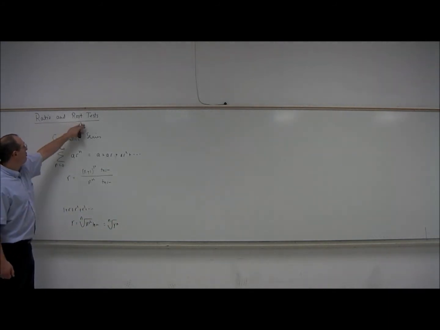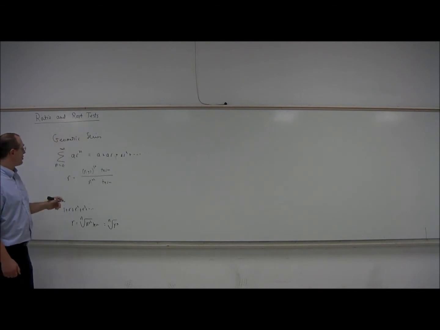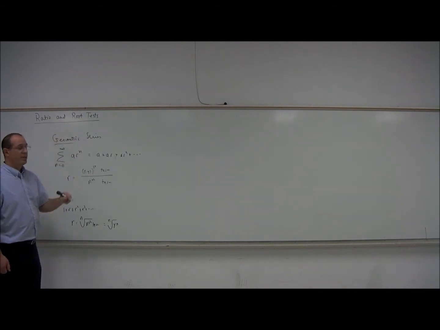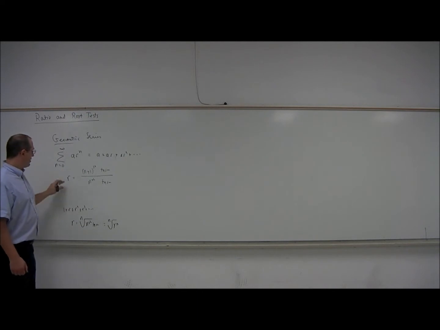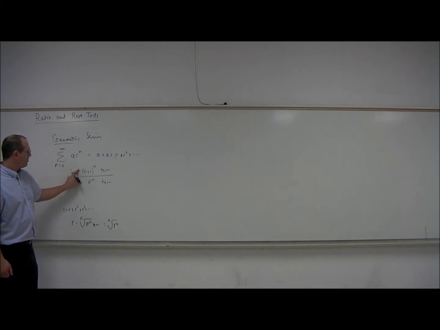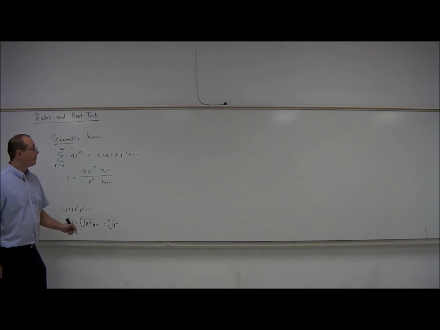So the ratio and root tests are going to be used for series that are almost geometric, and they're going to be based on the principle of trying to find the common ratio R by either this ratio or by this root.